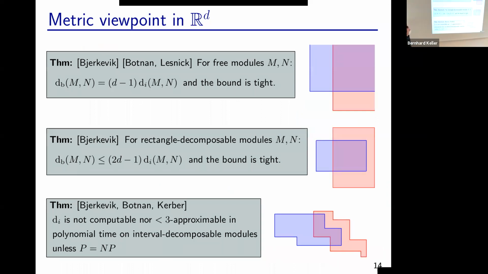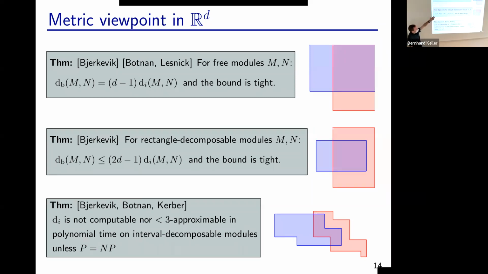So for instance, if you take three modules indexed over R^d, then the bottleneck distance d_B is bounded above by (d minus 1) times the interleaving distance d_I. As you can see, as the dimension of the poset increases, the bottleneck distance becomes increasingly bad with respect to the interleaving distance. So you can't compute the interleaving distance exactly from the bottleneck distance. Here it's a typo, it should be inferior or equal.